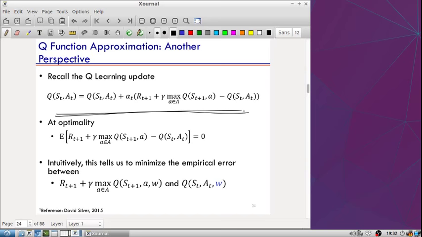I'm at state S_t, I took an action A_t, I went here, and I got this reward. I'm going to update my W such that this number is as small as possible. So basically update my W such that this side minus this side is very close to each other. So that's why I put a W.